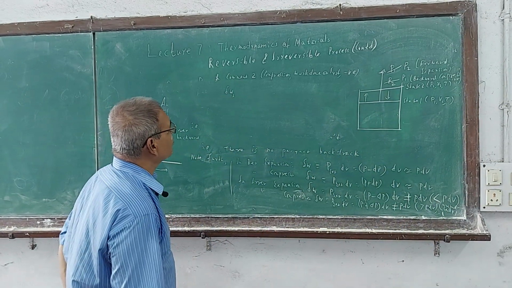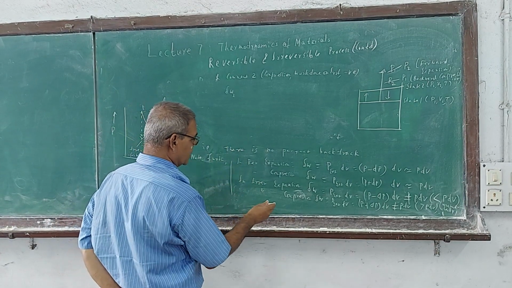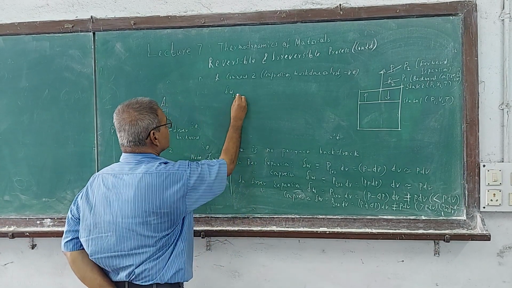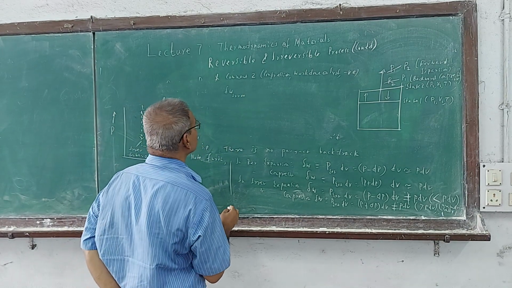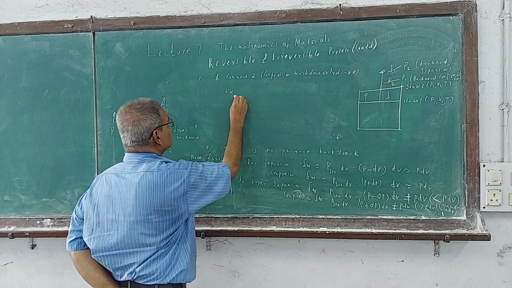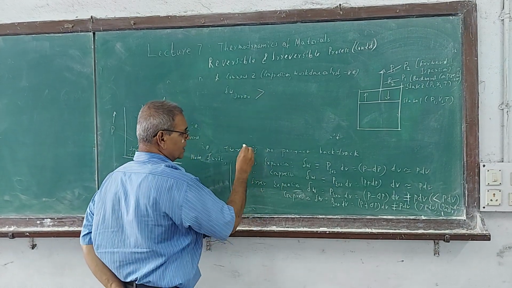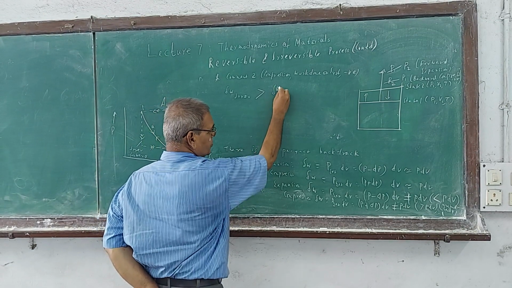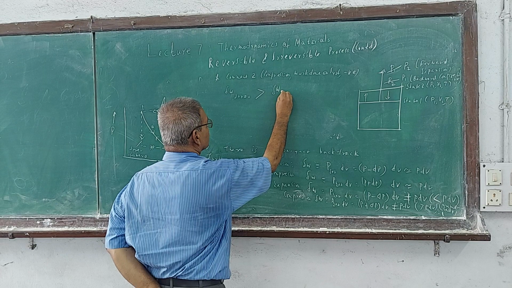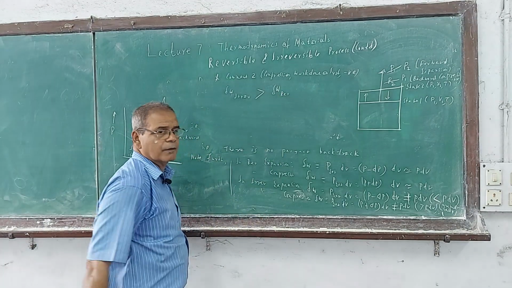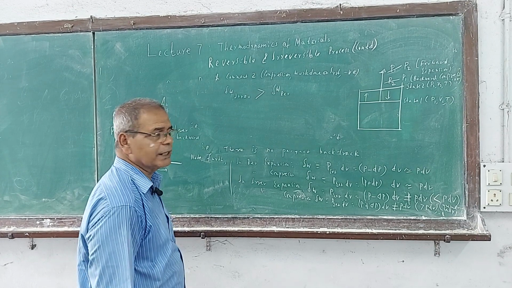In contrast, for compression, the work done on the system, dW irreversible, is greater than dW reversible. But can you tell me why it is greater?